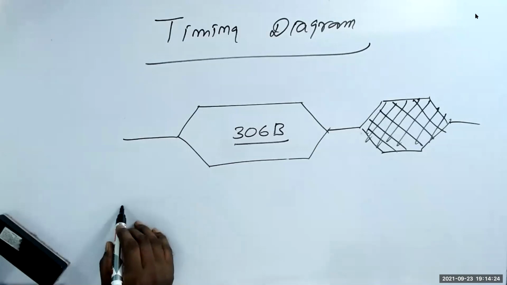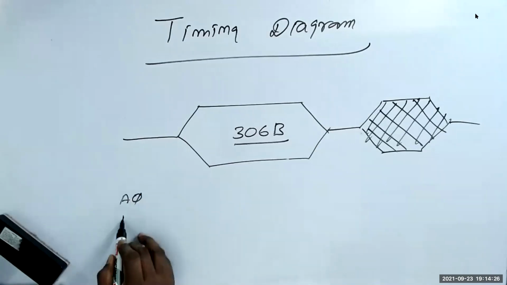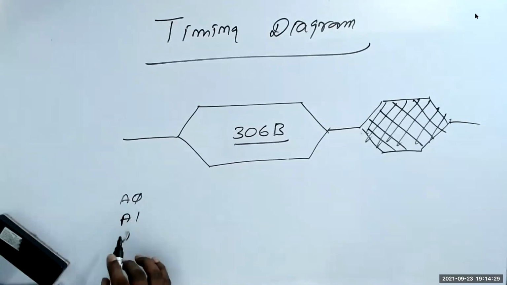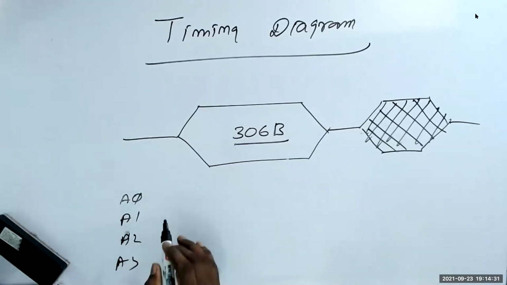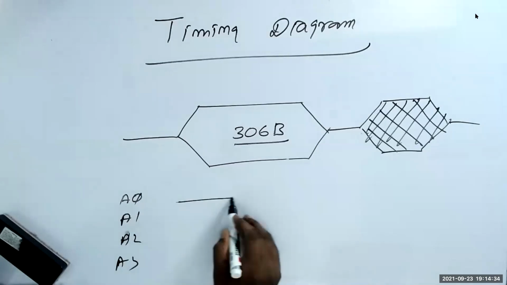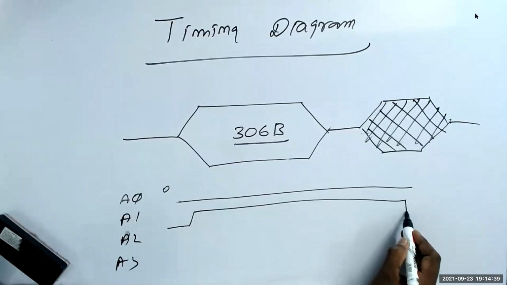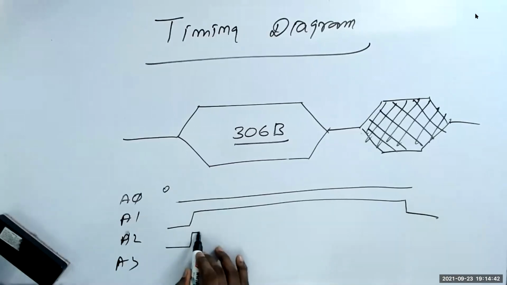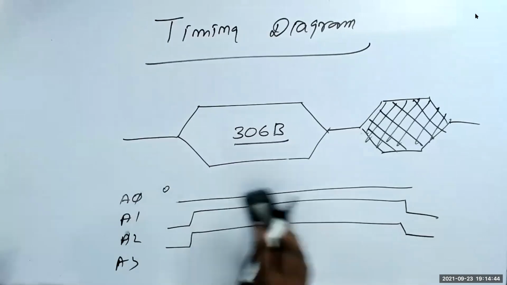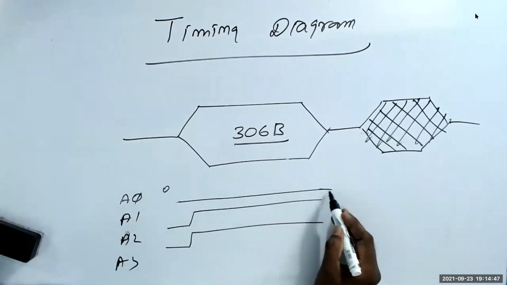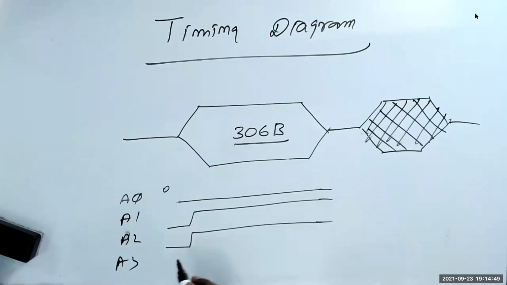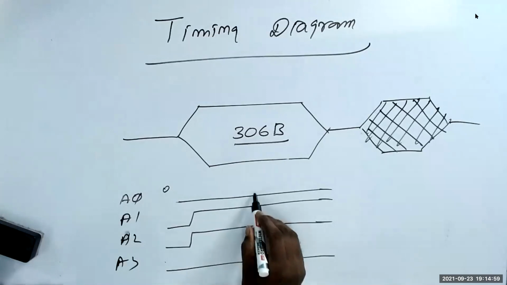Now I have signals A0, A1, A2, A3. A0 is 0, A1 is 1, A2 is 1, A3 is 0. Okay. 0, 1, 1, 0.